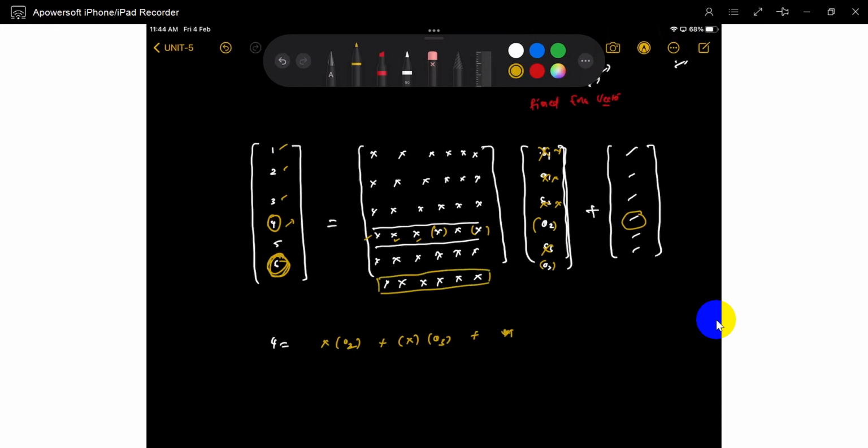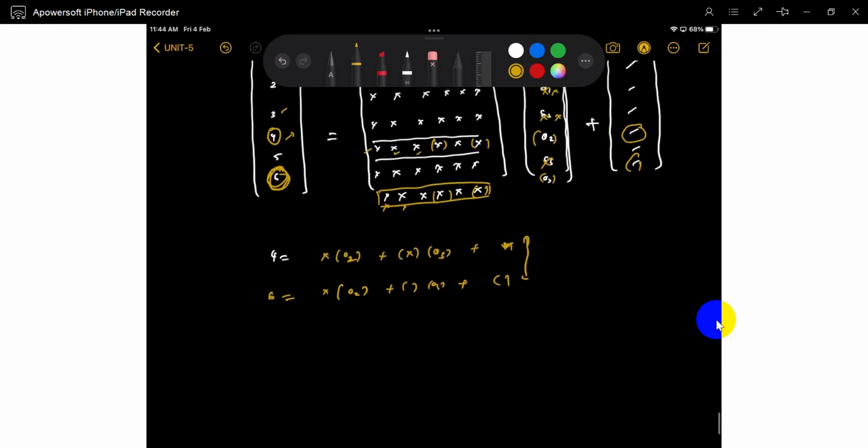If you multiply with 6, again everything is only this value and this value: that value theta 2 and this value theta 3 plus this value is there. Just equations. Matrix is just equations. So if you write these two in the matrix form again, just see these 4 and 6.